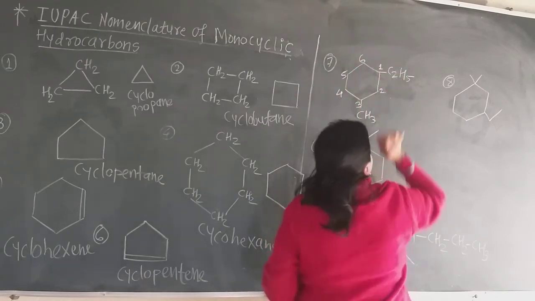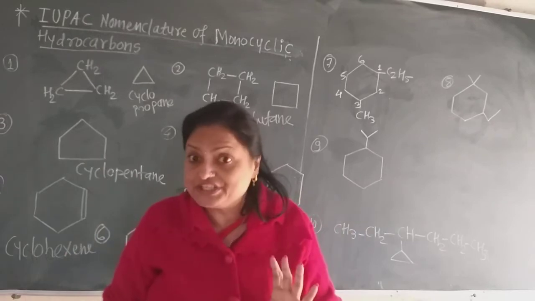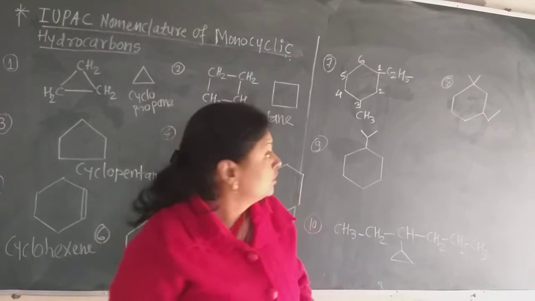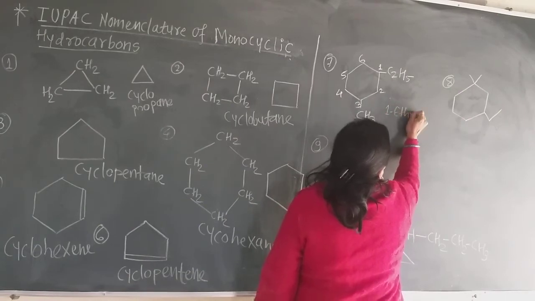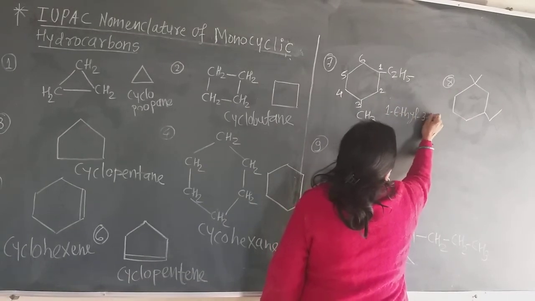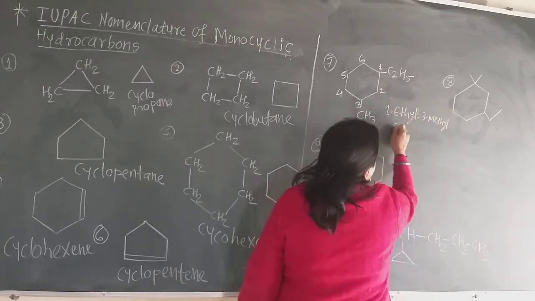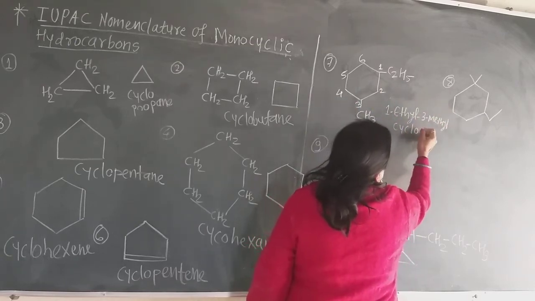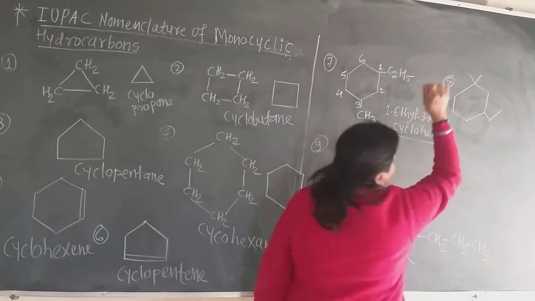Always give number one to the carbon which has the larger alkyl group. So it is 1 ethyl, 3 methyl cyclohexane. Correct? Okay, now this is the correct name.